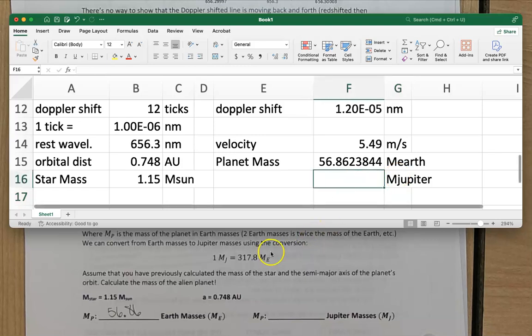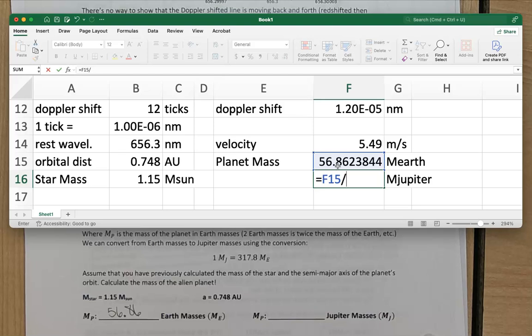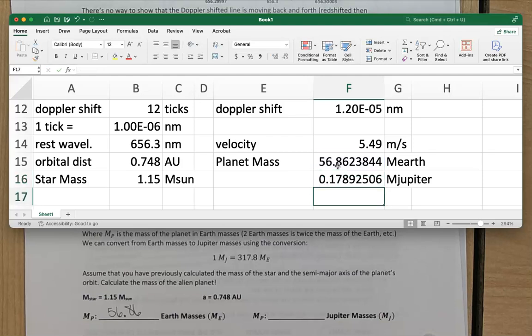So, how do I convert from Earth masses into Jupiter masses? Well, if one Jupiter mass is 317.8 Earth masses, then I take the number of Earth masses and divide by the number of Earth masses per Jupiter mass, and that'll give me the number of Jupiter masses.